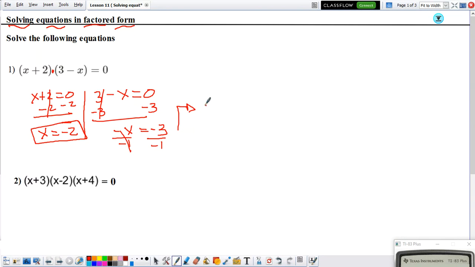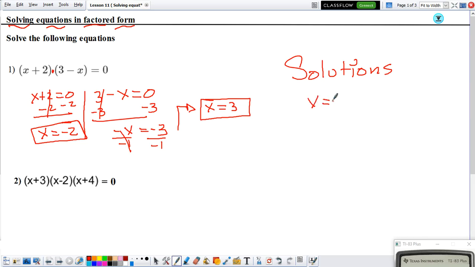So let's finish it off here. So we have that x is equal to 3. So in example number 1, we have two solutions. We have a solution when x is equal to minus 2 and x is equal to 3.